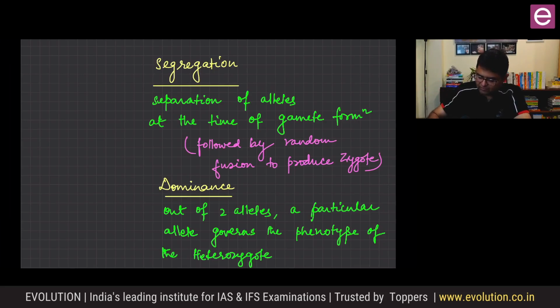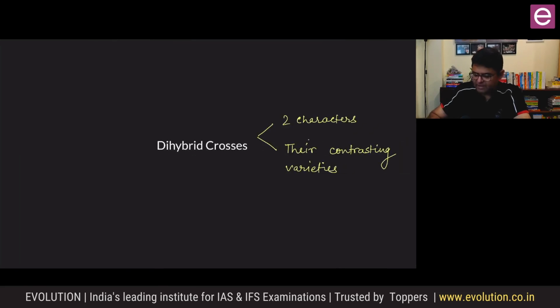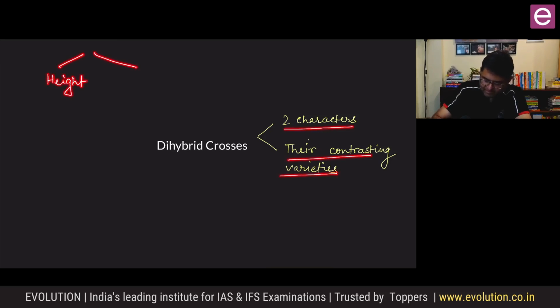And now we turn our attention to the dihybrid cross. With dihybrid cross, we mean we are now focusing on two characters and their contrasting varieties. Let's say the two characters are height of the stem and shape of the seed.